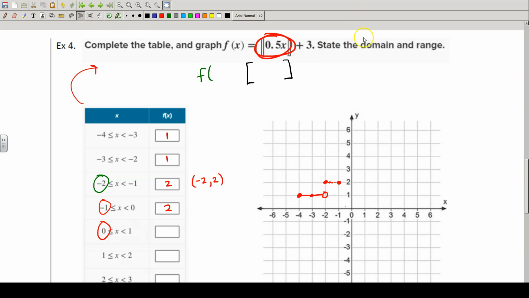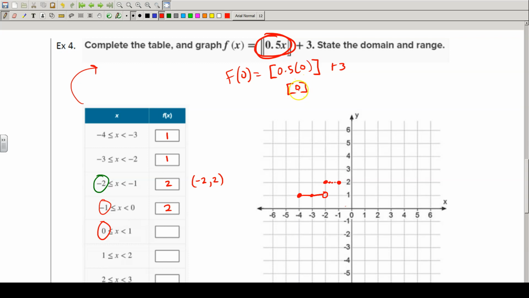Let's do f of 0. If I plug in f of 0, again, I'm going to have 0.5 times 0 plus 3. That's going to give me 0. So what's the greatest integer that is less than or equal to 0? It's going to be the same thing.